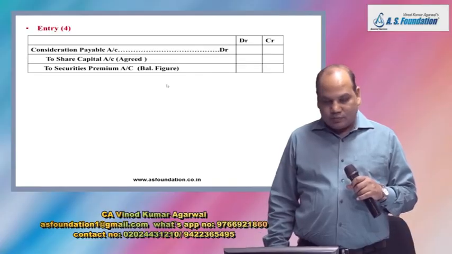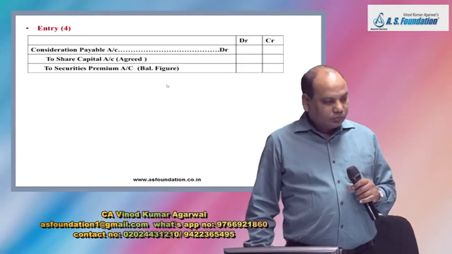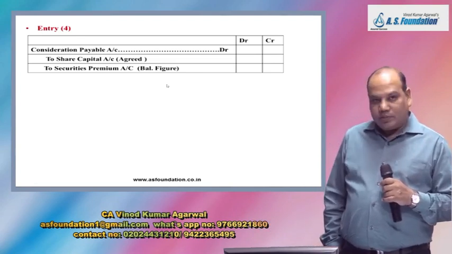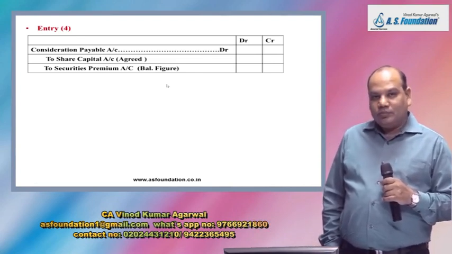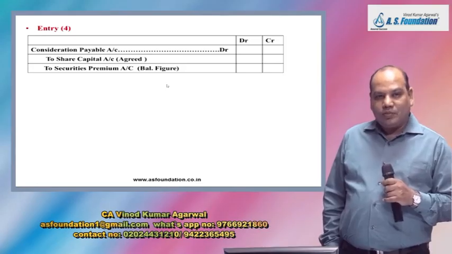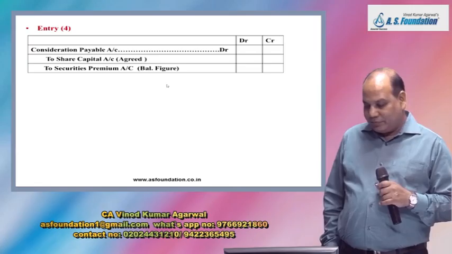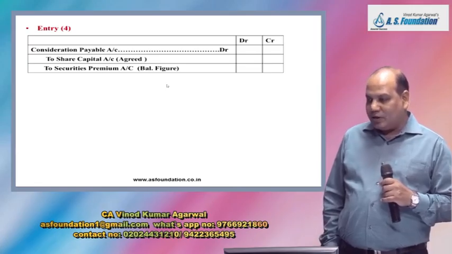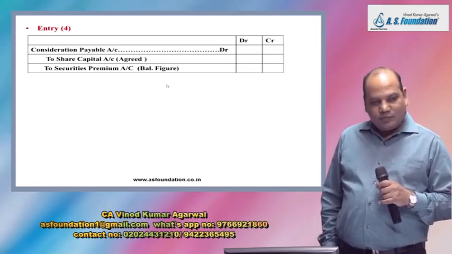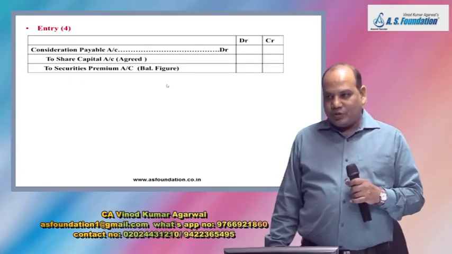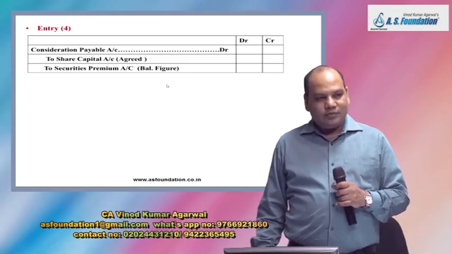Entry number 4. Consideration payable account debit, to share capital (that is agreed). You will take the same number of shares which is appearing in the books of the legal acquirer.